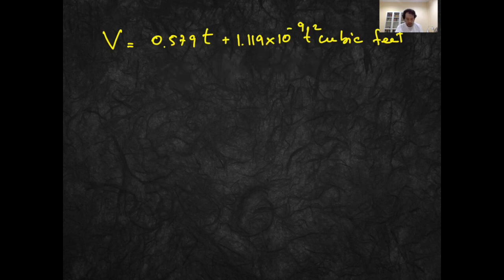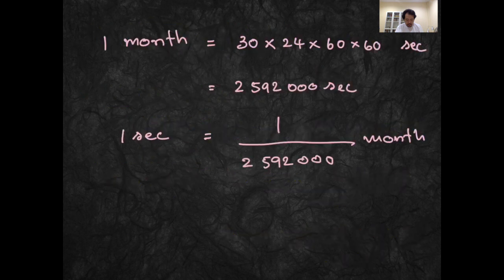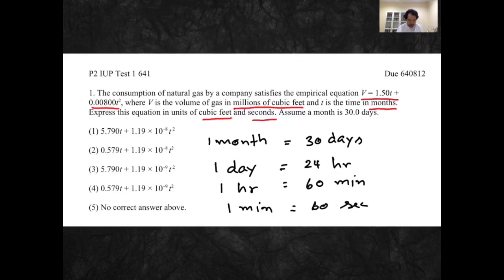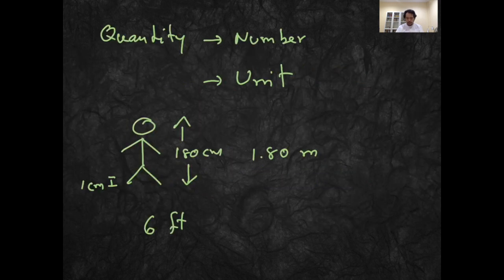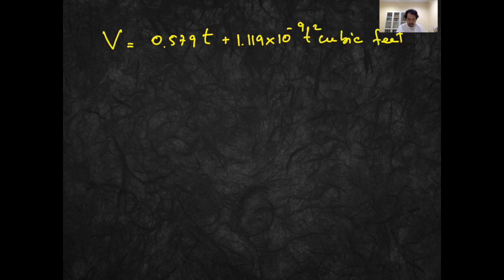Okay, and the answer is number 4, right? 0.579 T plus 1.119 times 10 to the minus 9 T square. Okay. The answer is number 4.